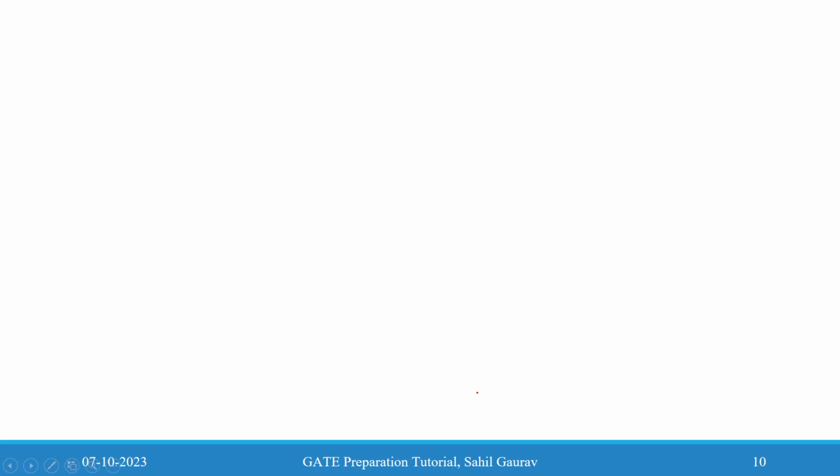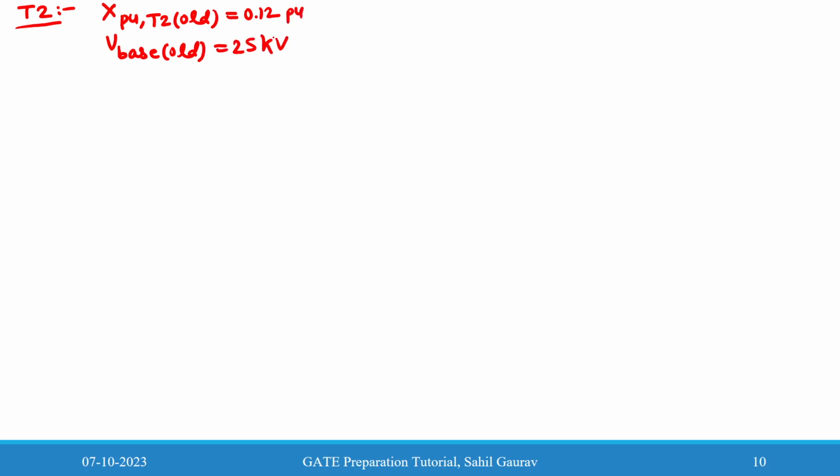Now for transformer 2, X per unit T2 old is 0.12, V base old is 25 kV, S base old is 90 MVA, and V base new is 25 kV.